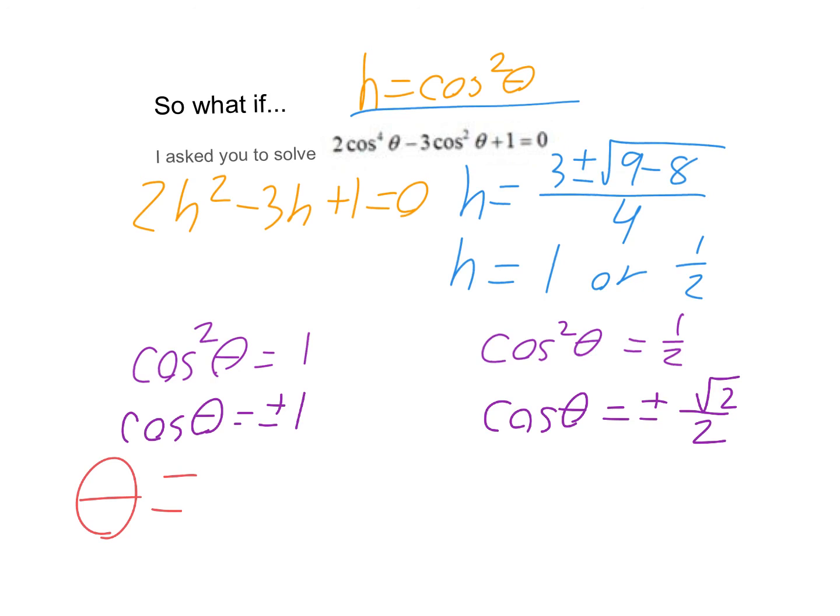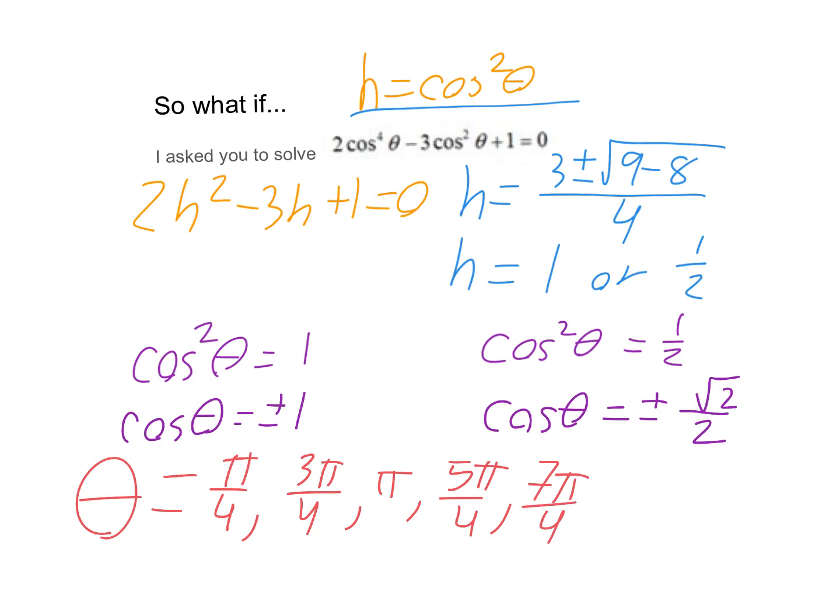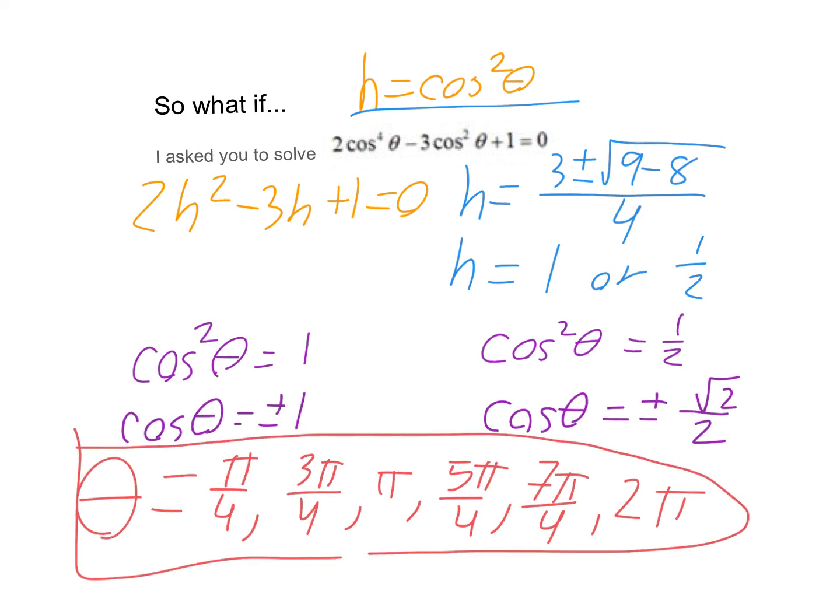This will occur at pi over 4, at 3 pi over 4, at pi, at 5 pi over 4, 7 pi over 4, and 2 pi. 6 answers, and that's fine.